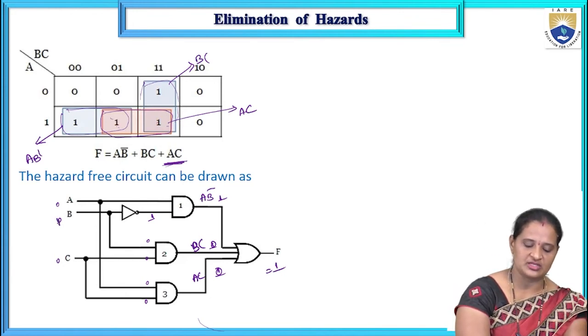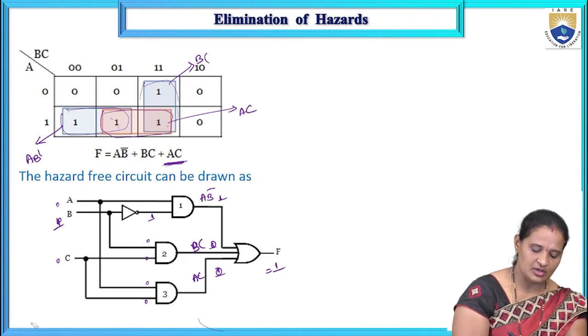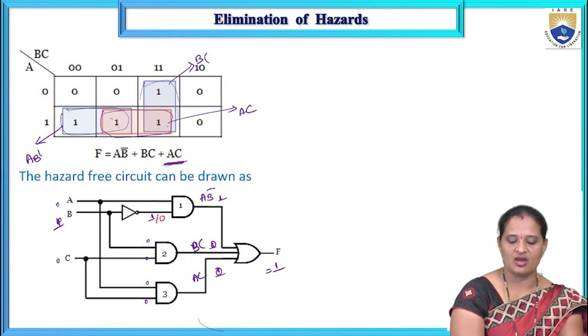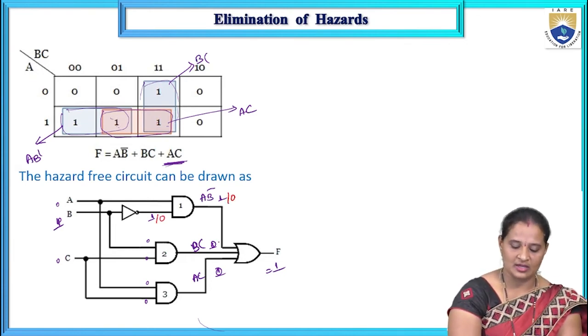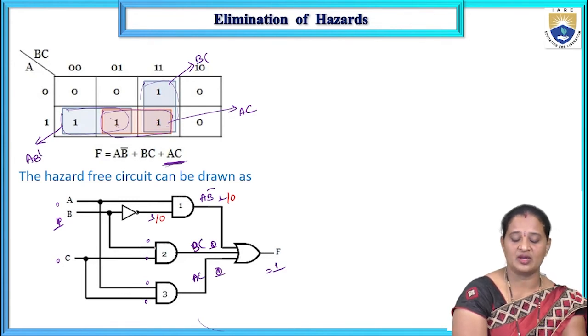Now if I change this input to 1 here, what happens? This becomes 0 now. BC is already 0, as only one of the inputs is becoming 1.